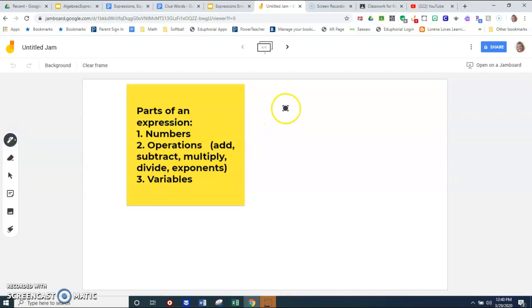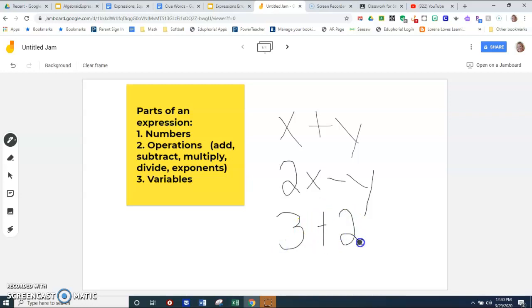So it could have x plus y, and that's an expression. It could have 2x minus y. It could just be 3 plus 2. These are all expressions. This is what we would consider expressions right here.